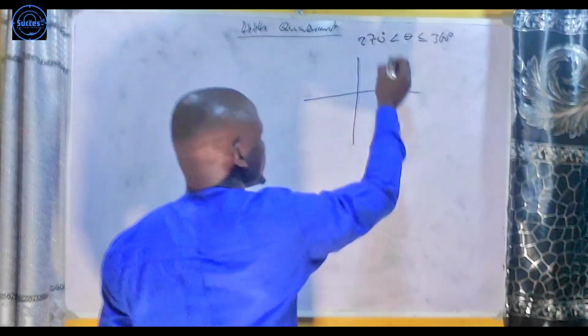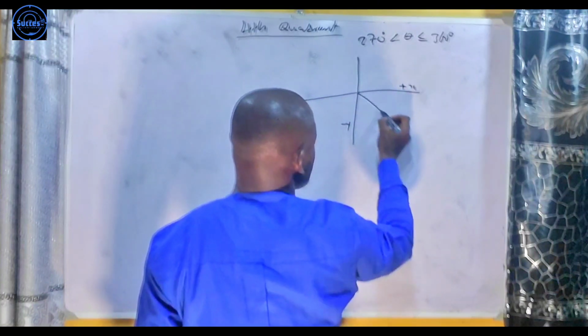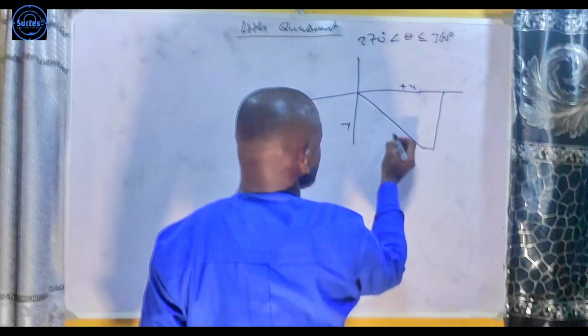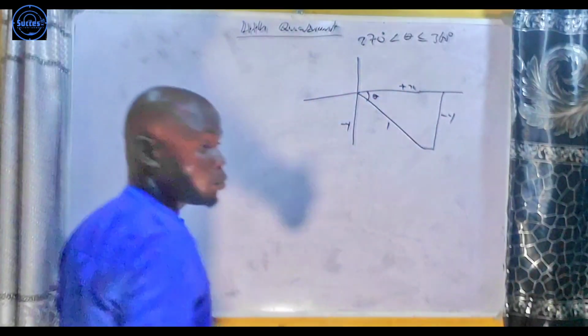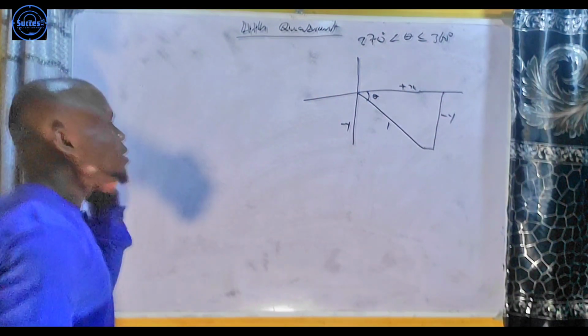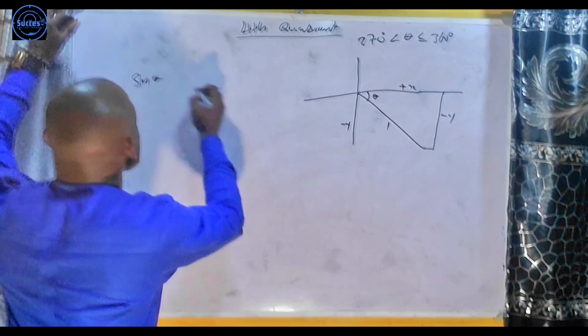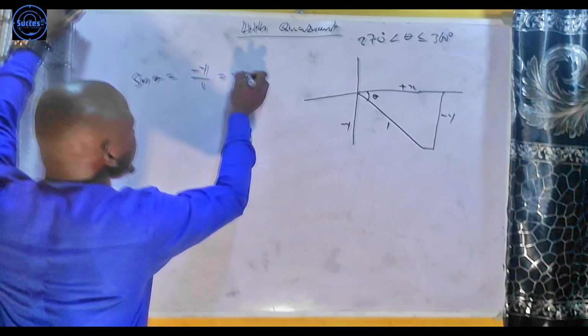If you draw our quadrant, this is positive x and this is negative y. So this will be like this. This will be plus x, this is minus y, and this is our theta. The hypotenuse is 1. Now, sine theta here will be opposite, which is minus y over 1, so it is minus y.